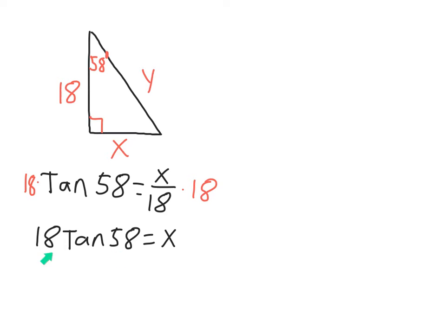We have to say 18 times the tangent of 58. Then you would put into your calculator 18 times the tangent of 58. And rounded to 4 decimal places, that would give you 28.8060.